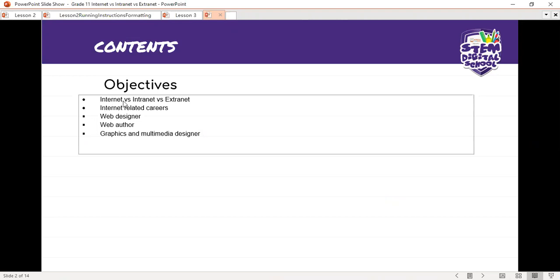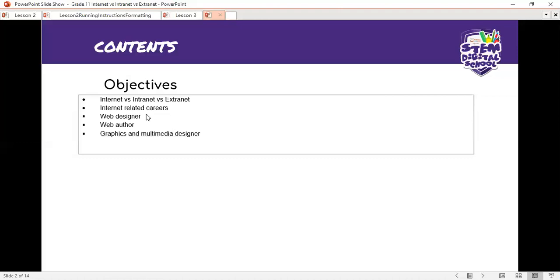We've got an internet which runs on the World Wide Web. We've got an intranet, which is a network owned by a particular organization, and an extranet as well, which is an internet owned by a particular organization.